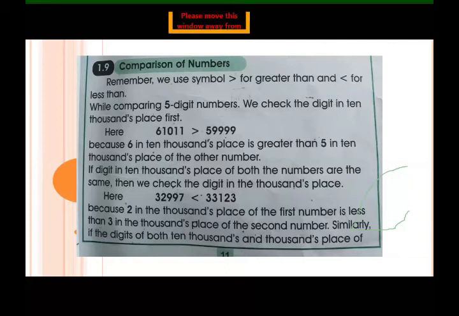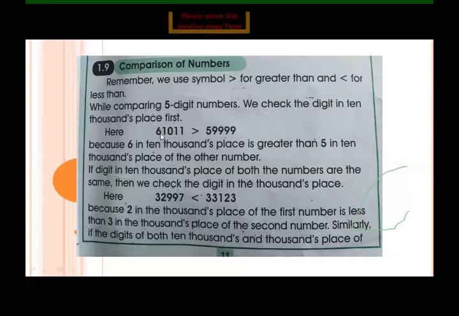Okay, here 61011, what's the sign of it? Greater than 59,999. Here units, tens, 100, 1,000, 10,000. What do we have to do here? We have to compare.